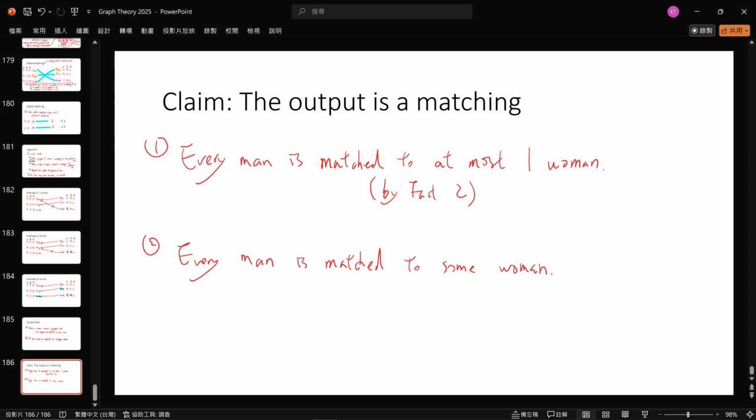So why not? Yeah, so if this is true, then this implies that also some woman is not matched to any man. But is it possible that we have one man and one woman that are not matched to any client?